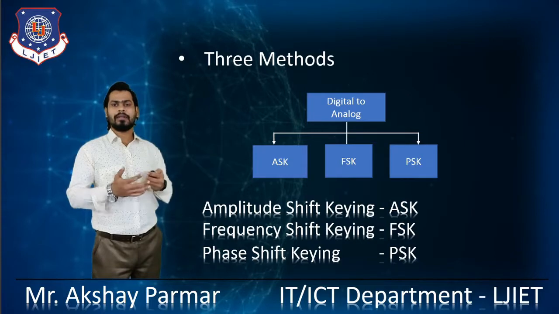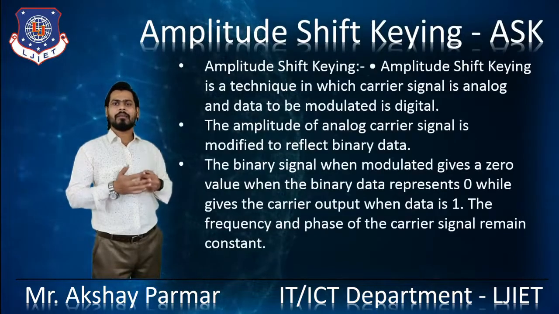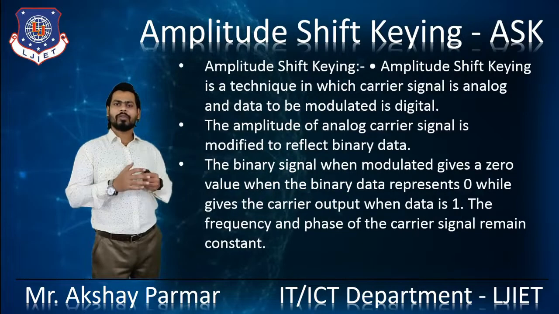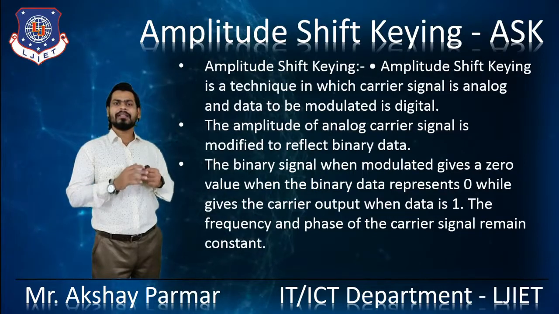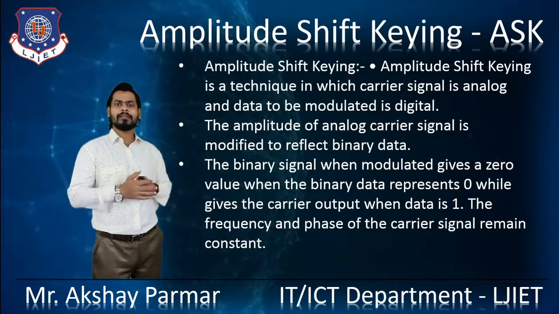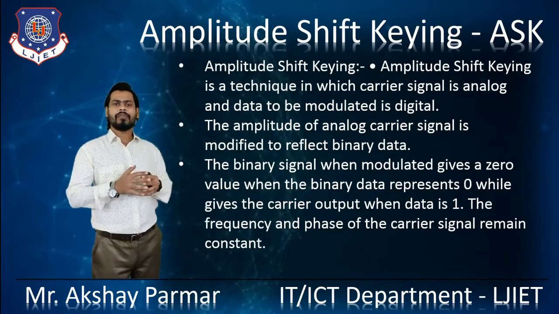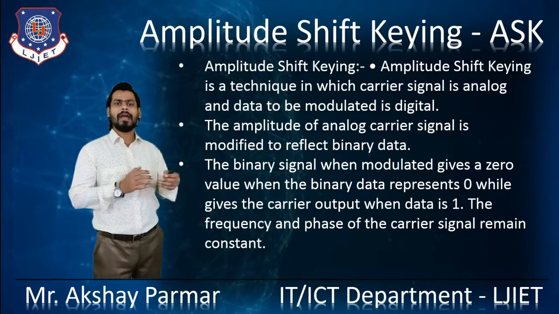So what is ASK, amplitude shift keying? Amplitude shift keying is a technique in which the carrier signal is analog and the data to be modulated is digital. The amplitude of the analog carrier signal is modified to reflect the binary data.